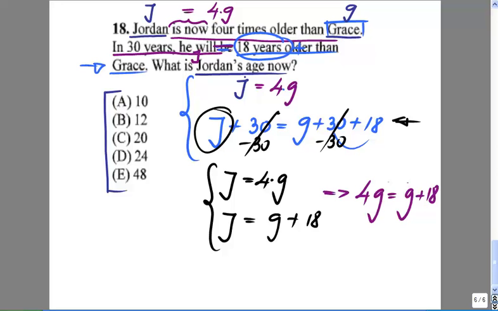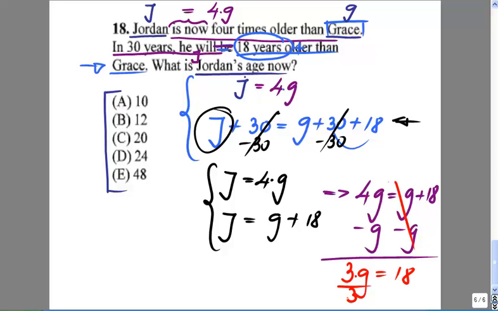Let's solve for G. You're going to move that G to the other side, basically taking G away from both sides, right? 4G minus G will be 3G, which should equal 18. Okay? Well, G is Grace's age. To find that, we'll divide by 3, okay, on both sides. And this tells you that Grace's age is 6.